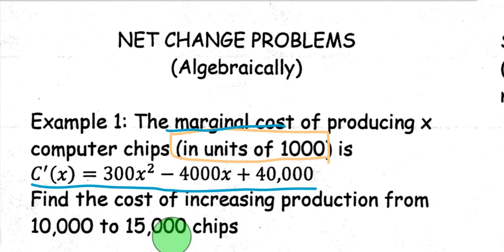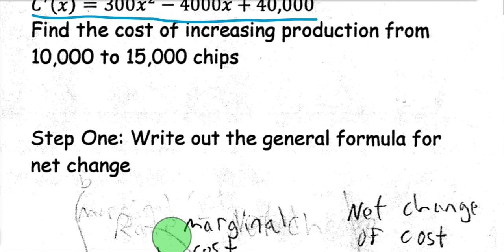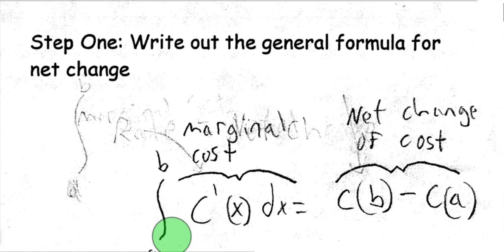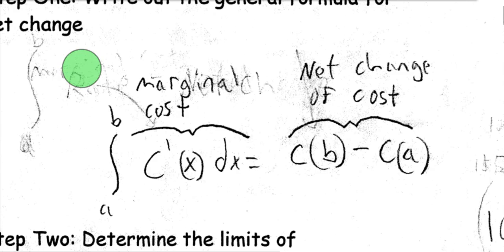If it's total change, you have to do a little bit more, because total change involves the entire graph, ensuring that it's positive in case any part of the graph is below the x-axis. So for step 1, when solving a net change problem, you want to write out the general formula for net change. Now we're going to get a little bit more specific here.